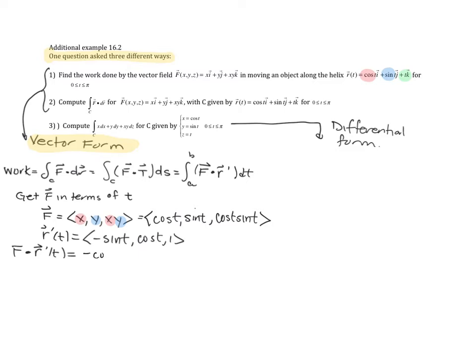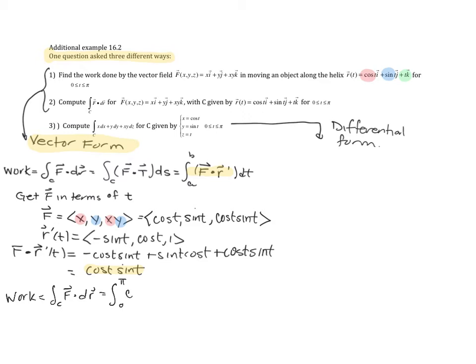So minus cosine t sine t plus sine t cosine t plus cosine t sine t, which equals cosine t sine t. So that becomes our integrand here. And so we get that the work, or F dot dr, just playing with the notation there, is the integral from 0 to pi, that interval was given, of cosine t sine t dt.